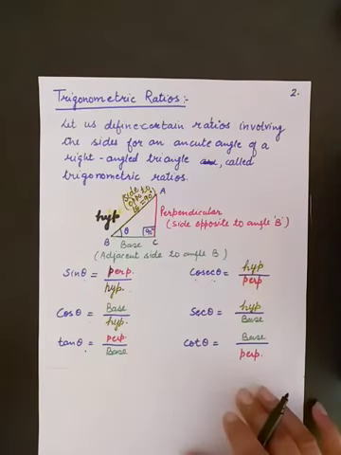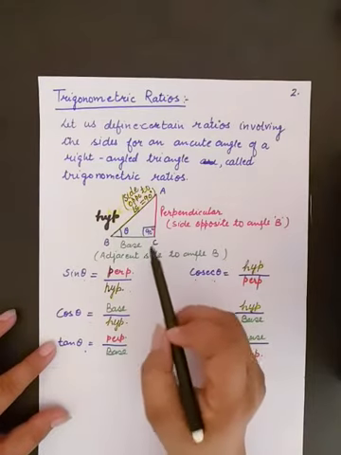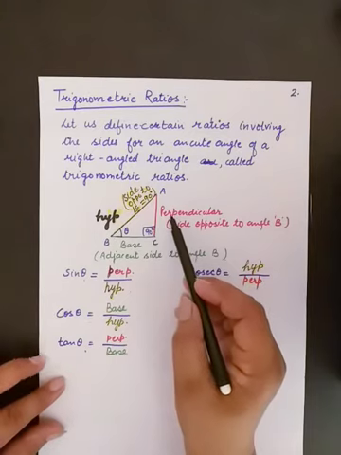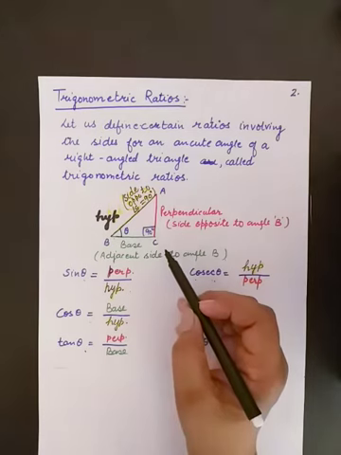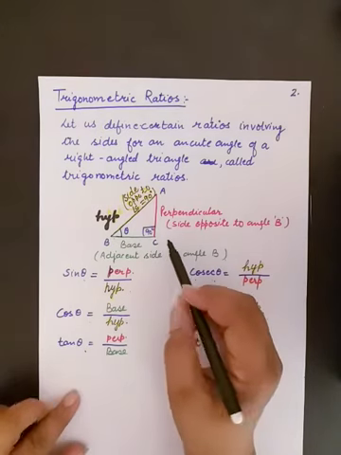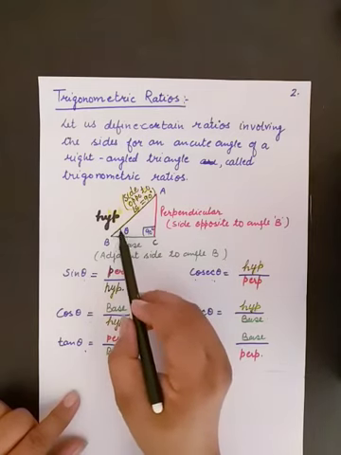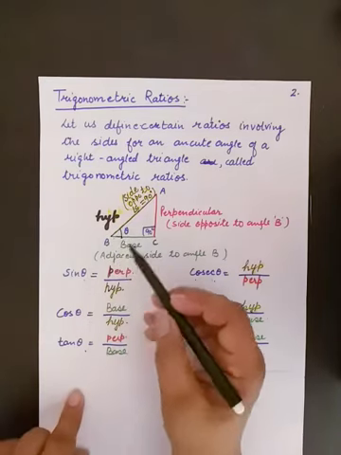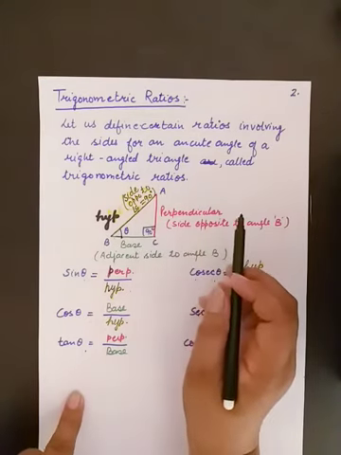T ratio means trigonometric ratio, and a right angle triangle has base, perpendicular and hypotenuse. So whenever we divide any two of its sides, we will get a trigonometric ratio, and for which angle? For the acute angle theta. The angle for which we write the T ratio should be given in the base, otherwise we have to interchange base and perpendicular of the given triangle.